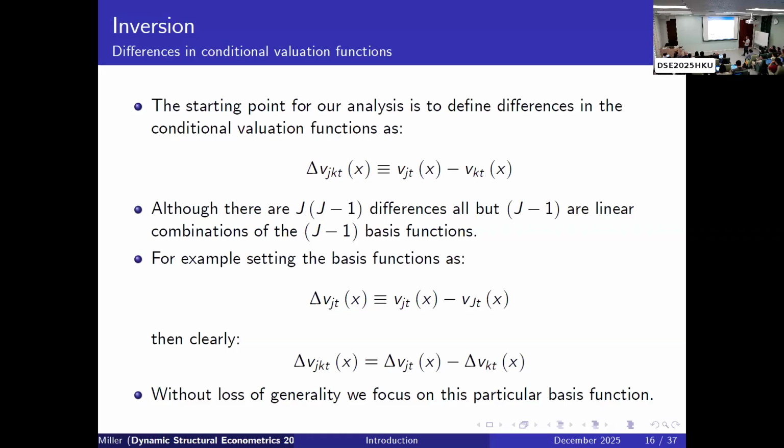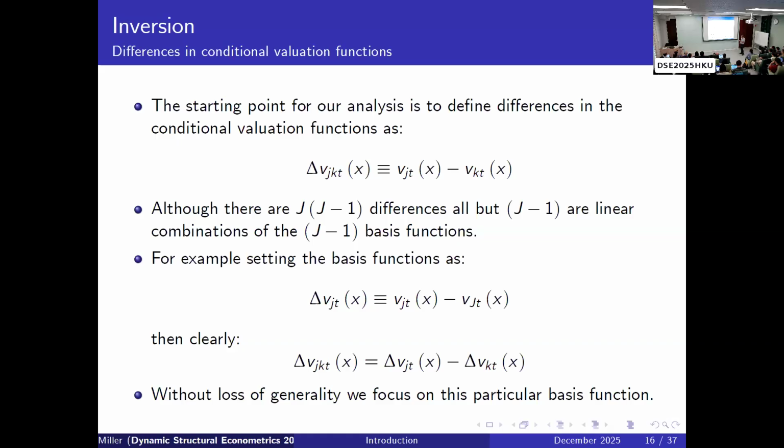So to define the differences in the conditional value functions, and notice again, the reason why we're looking at differences in conditional value functions is because we don't care about levels, we care about differences, because it's differences that determine choices, okay? Do you get more utility this way than that way? They're all linear combinations of each other. And so why don't we just set a basis?